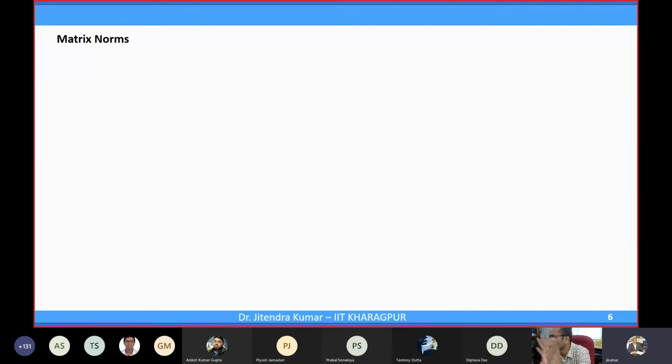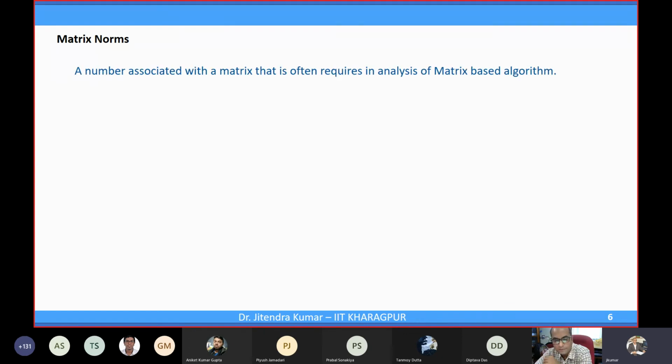I also need to introduce matrix norms, because they are required when we discuss the convergence issues of those iterative methods. What are matrix norms? This is just a brief overview. We are not going into the details, because that is a few lectures in linear algebra or matrix algebra.